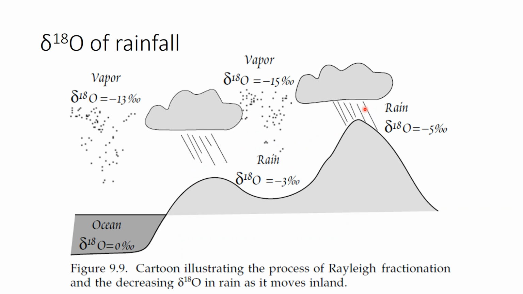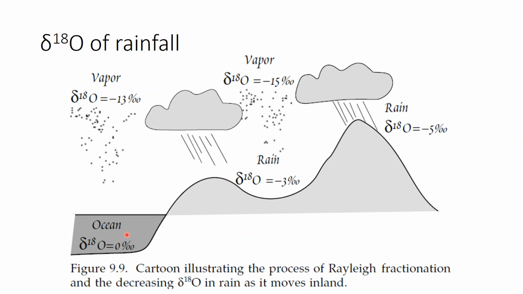So that's these guys. So this is kind of what might be happening in the Earth system. We start out with the ocean, and that might have an isotopic composition that's near 0 parts per thousand difference from the standard, which in this case is standard mean ocean water. So by definition, the ocean is quite often 0.